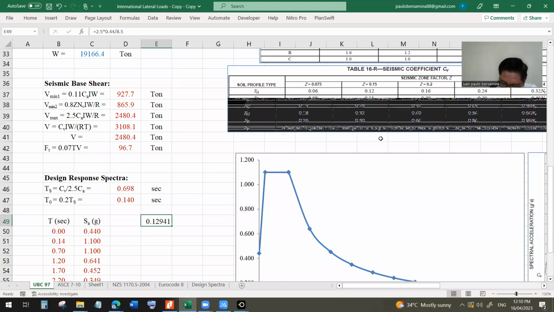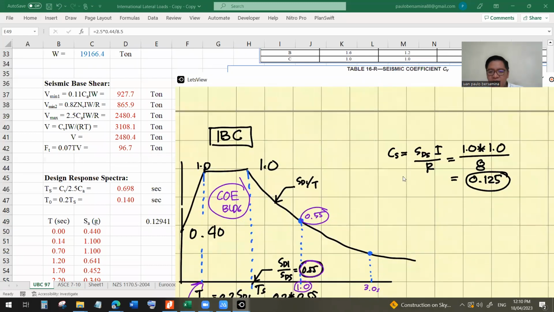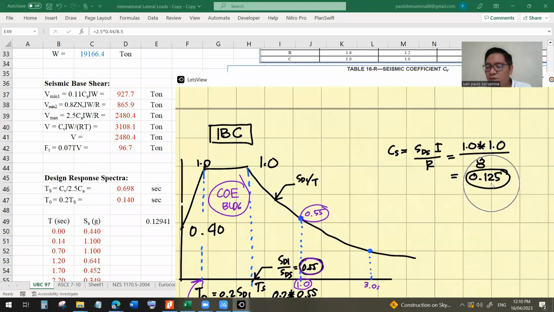Or roughly 13%. Okay? While what we got sa IBC is 0.125. Almost 13% pa rin, no? Or 12.5%.